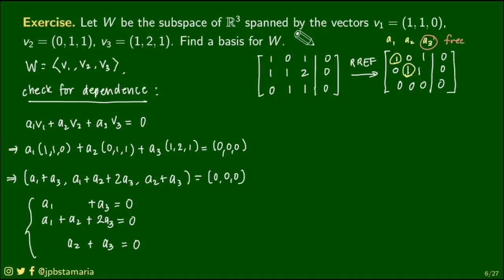Because there is a free variable and the field of scalars is R, there are infinitely many solutions. So aside from the trivial solution, we get a lot of non-trivial solutions. Therefore, as a conclusion, this set of vectors is linearly dependent.